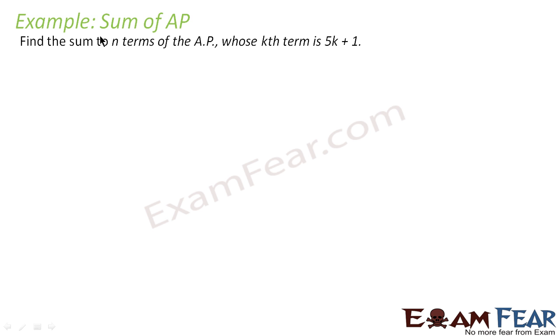In this example, we have to find the sum of n terms of an AP whose kth term is 5k plus 1. That is t of k is equal to 5k plus 1. We know that t of k is a plus k minus 1 into d.